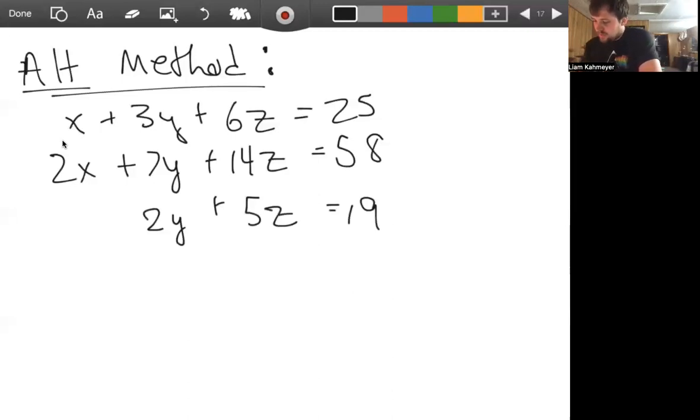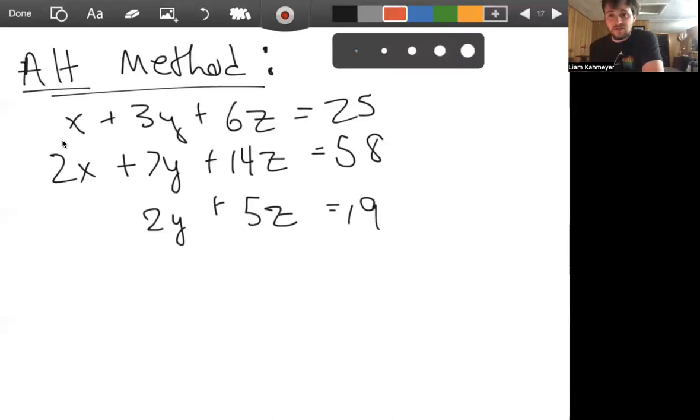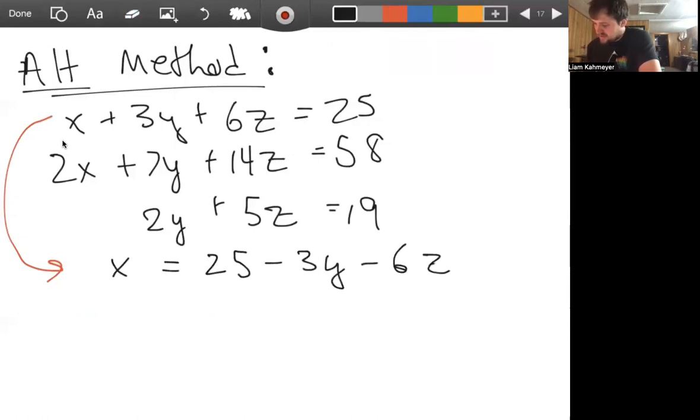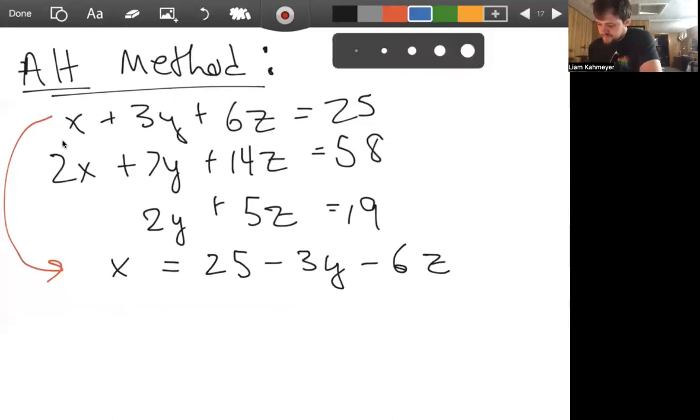One method here, which is something that catches my eye, is we can take equation 1 and solve for x. If we take equation 1, we can rewrite that as x equals 25 minus 3y minus 6z. And then we use this substitution now.